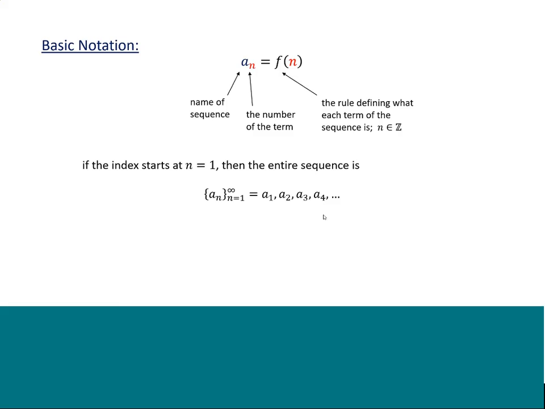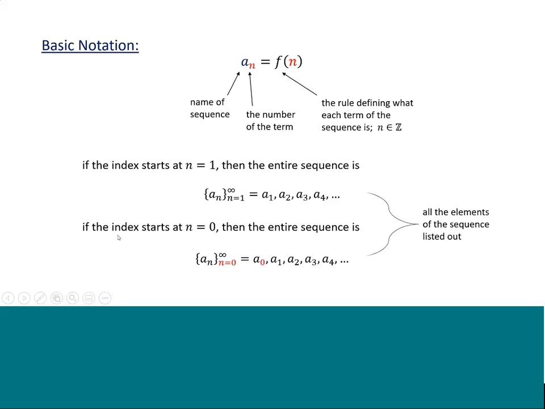Now, it turns out that while intrinsically people like to think the first term starts with n equals 1, you guys have all played with computers before. What do we know? We have a tendency to start our indexing at 0 because it makes our life easier. Same deal with sequences. It's really, really common to start your index at 0, and your book right now does this for, I believe, all the sequences that it gives.